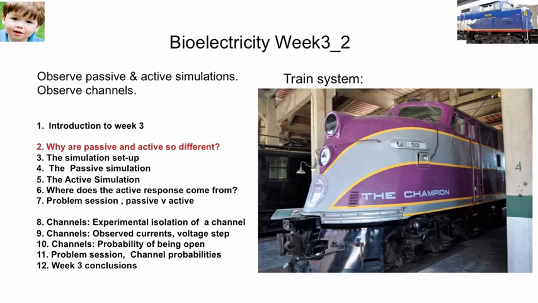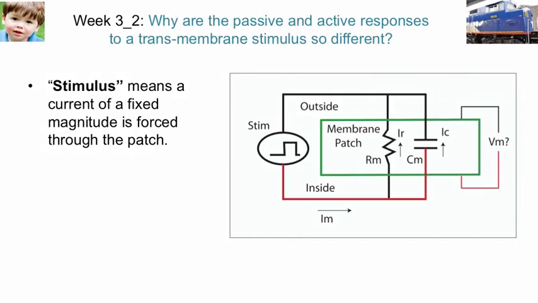We're going to use these words over and over, so it's worthwhile to take a little bit of time and rectify the names in the sense of talking about the terminology. So up at the top, I have written the question, why are the passive and active responses to a transmembrane stimulus so different? Let's just talk about the words.